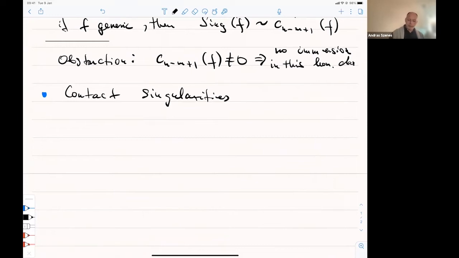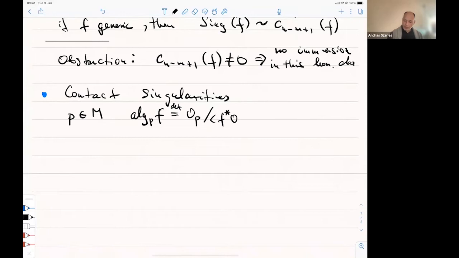That's the first step. Let's take an arbitrary point P, and now let's define the local algebra of this map F at this point, which is the following. Very schematically, it is just O of P divided by the ideal generated by the pullback of O of F(P).